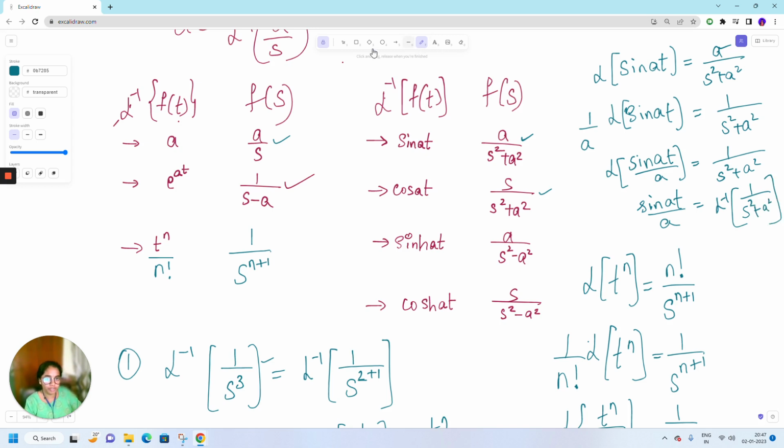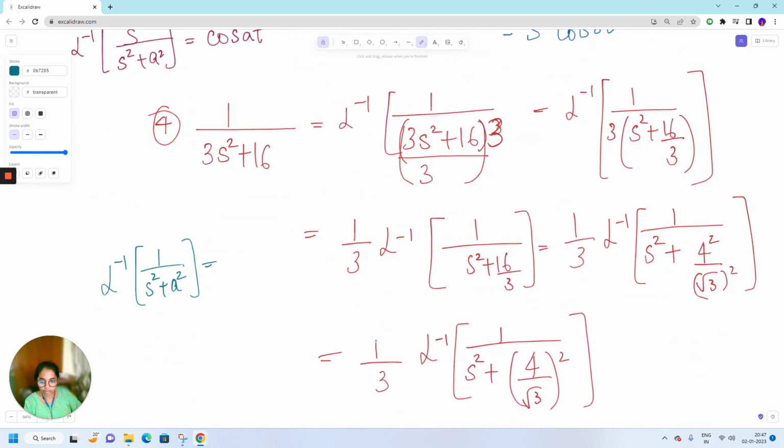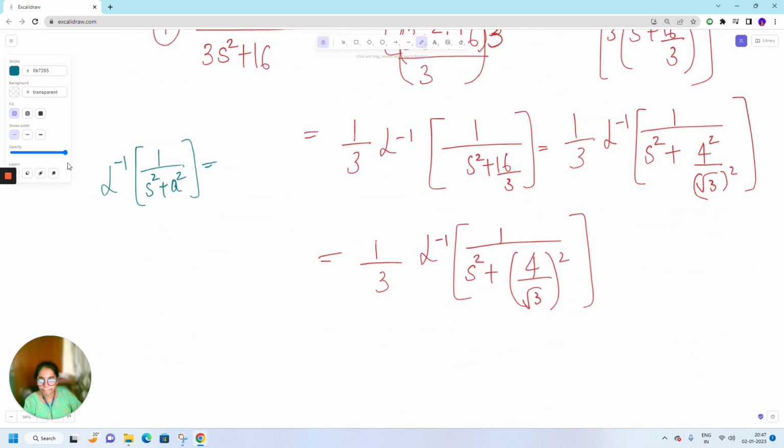So let me change the formula here. Here I would get 1, and here I would get divided by a. So here let me write down the formula. That is Laplace inverse of 1 divided by s square plus a square is what? Sin at divided by a.